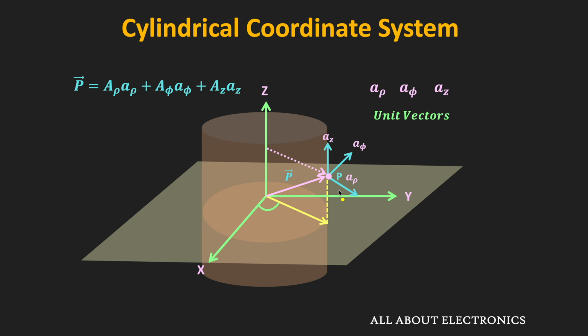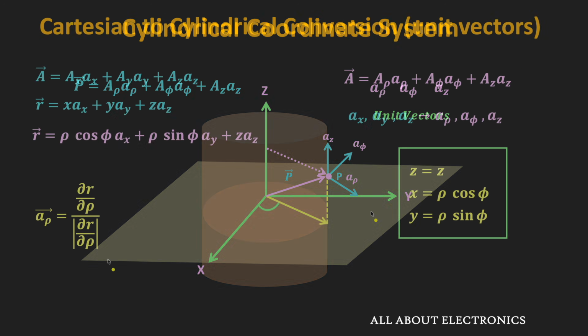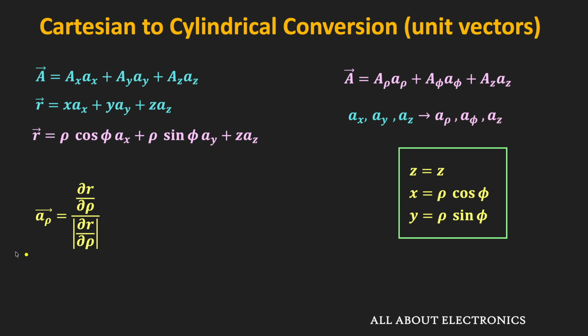If you recall, earlier for the cylindrical coordinates, we have seen that these unit vectors a rho, a phi and az are pointing in the incremental direction of rho, phi and z. So that's why this term also corresponds to a rho. Likewise, if we differentiate this position vector r with respect to phi and normalize it, we will get the unit vector a phi. And likewise, we can also get az.